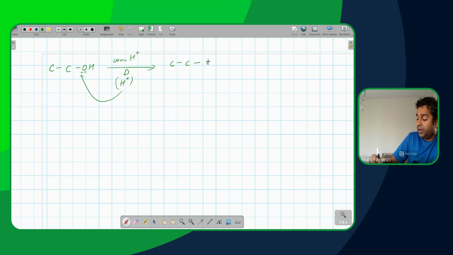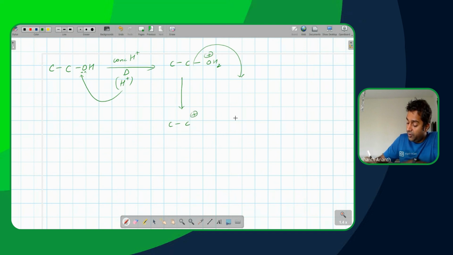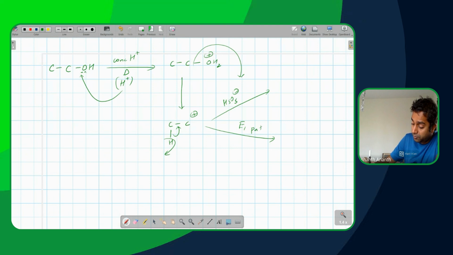This will become an OH2 plus, which then kicks this guy out to release a carbocation, which is pretty much where we are. There were some paths available for us. First was, HSO4 minus can come and do business over here. Or we can have this guy getting out and this guy can shift over here. That will be our E1 pathway. Right?